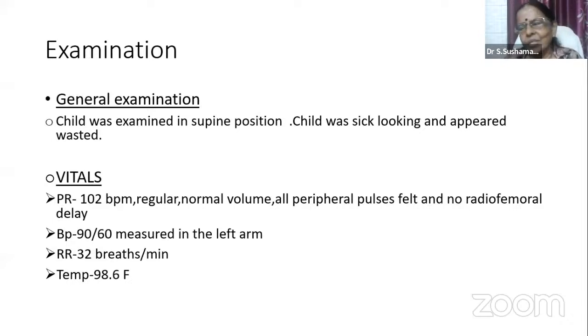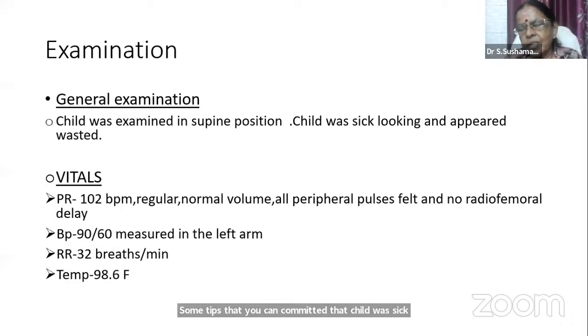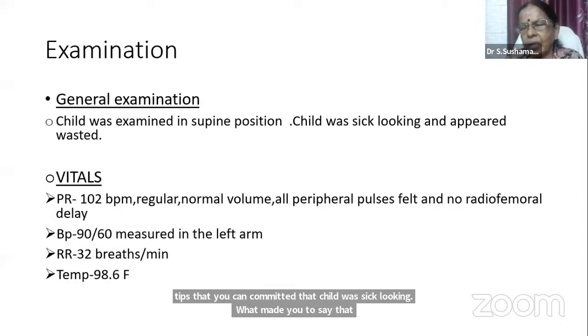Okay, after that you read and make the answers for this question. Yes, continue. This question is given to you. You have committed that the child was sick looking. What made you to say that the child was sick looking?